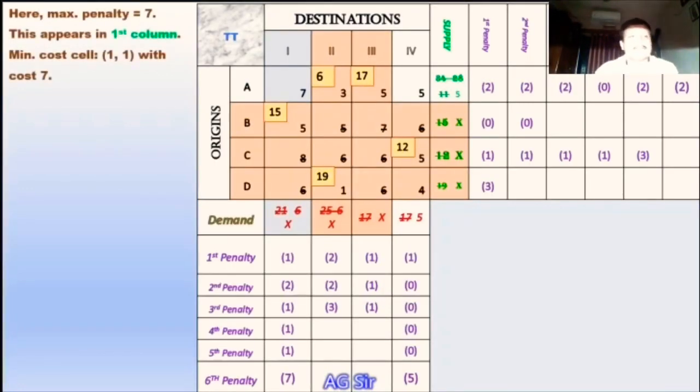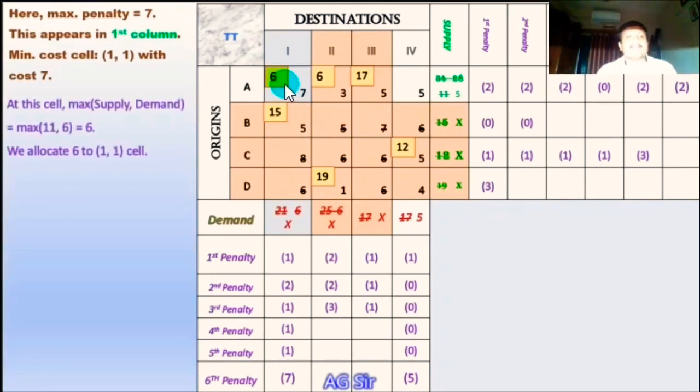What about the maximum of these penalties? You find that the maximum of these penalties is 7. Therefore, you allocate a maximum amount at this cell. What is the maximum amount? The maximum amount was 6. So we have allocated 6 units at this cell. If you allocate 6, you find that you are left with 5 units of supply in the first row as well as 5 units of demand at the fourth column.